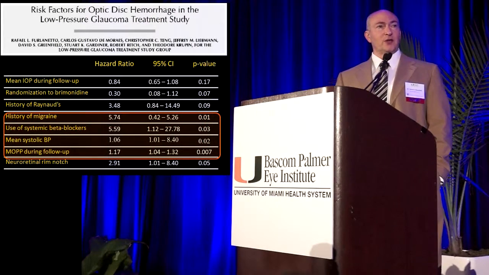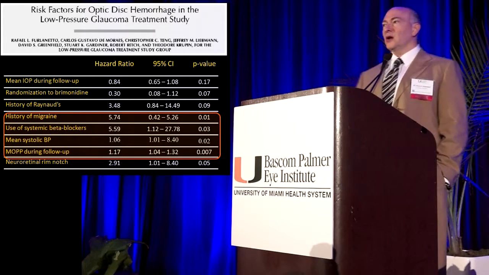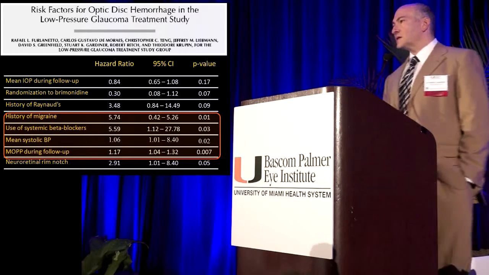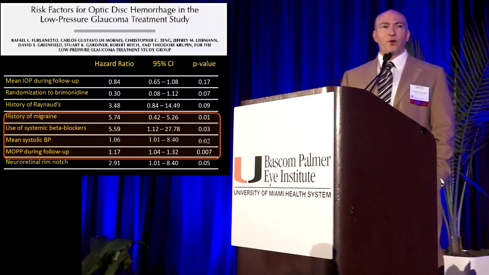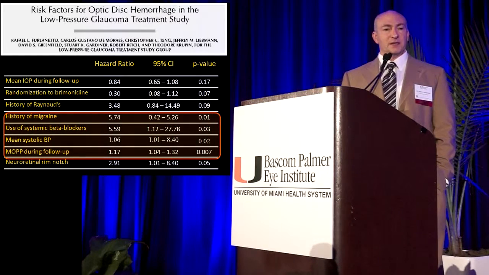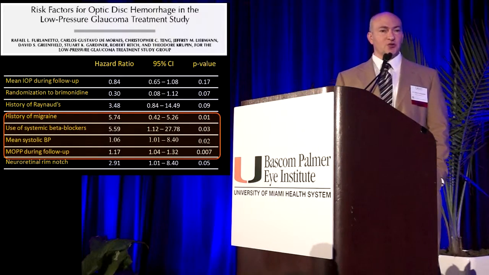It also turned out that low OPP was an important risk factor not just for visual function change, but also structural change. If we assume that the development of a disc hemorrhage is a surrogate for future structural change and future functional change, we see that low OPP was also a very important risk factor for the development of optic disc hemorrhage in the same Low-pressure Glaucoma Treatment Study.